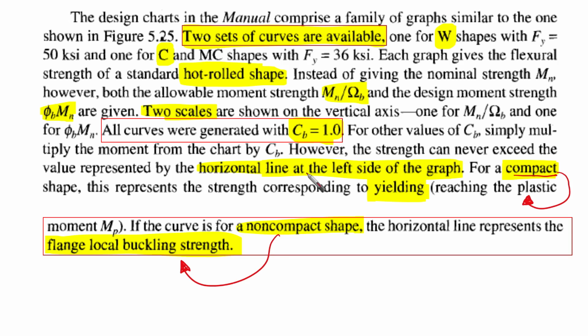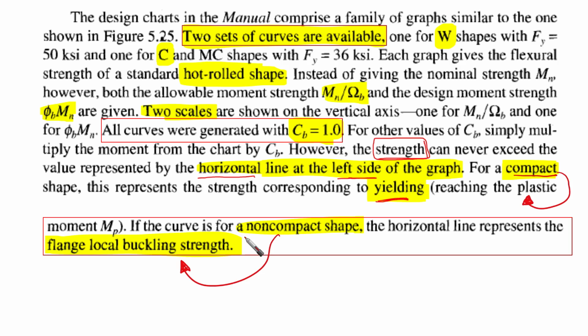But keep it in your mind, the strength can never exceed the value presented by the horizontal line at the left side of the graph. For a compact shape, this represents the strength corresponding to yielding, which is reaching the plastic moment.